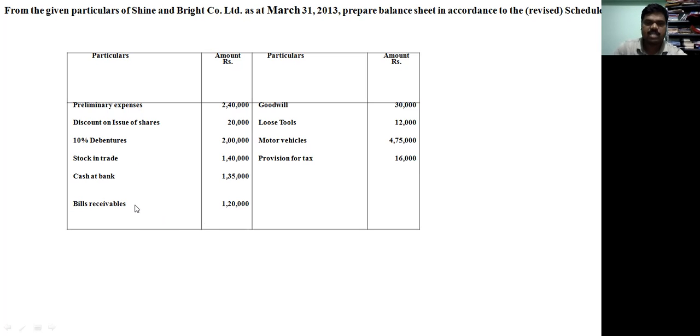assets, stock in trade and loose tools come under inventories, and under current assets, bills receivable as well as cash at bank. In case of discount on issue of shares and preliminary expenses, and provision for tax, these can be adjusted on the liability side, and goodwill appears under intangible assets.